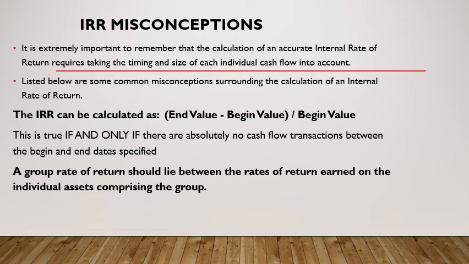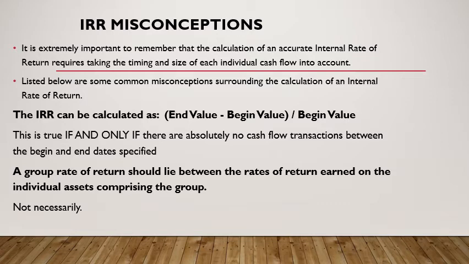The second misconception is that a group rate of return should lie between the rates of return earned on the individual assets comprising the group. This is not necessary. Why is this not necessary? Because when I apply group rate of return, there is no rule that it should be between the rates of return of the individual assets.